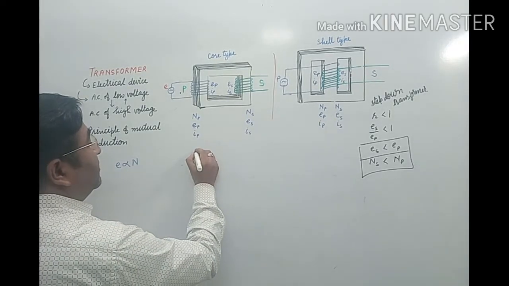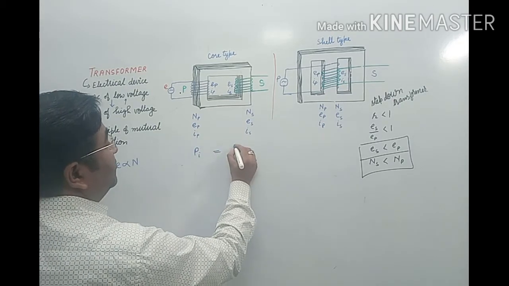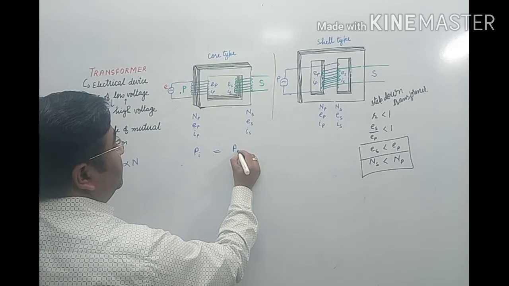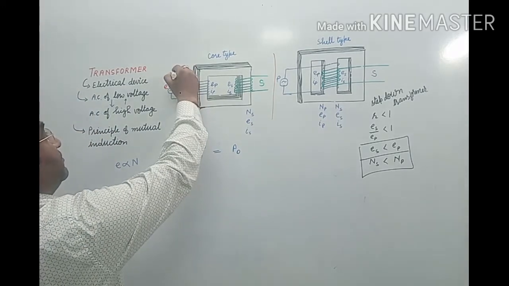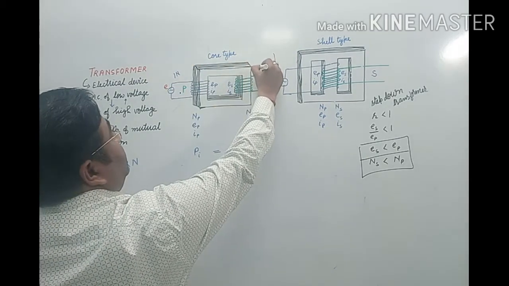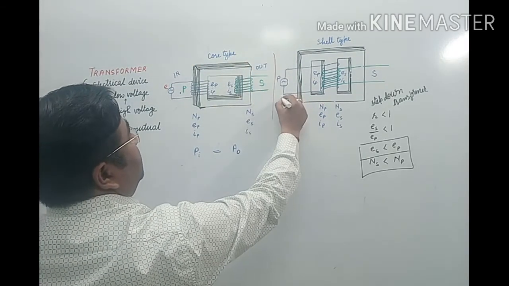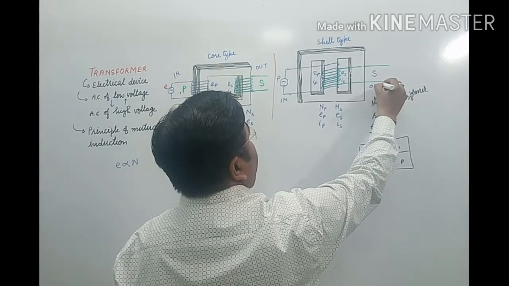Input power P input is equal to P output. This is input and this is output.